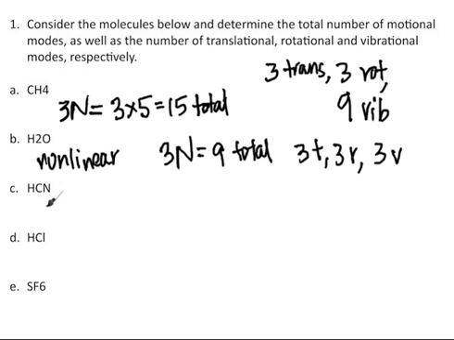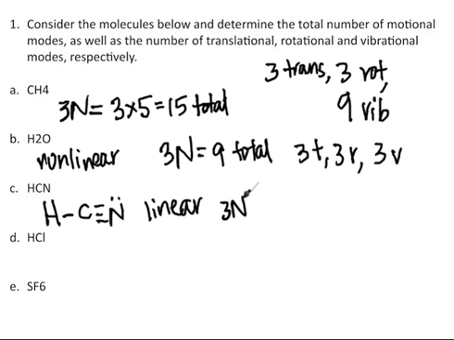Okay, HCN. So what is the structure of HCN? So HCN, the structure is like this. Is this a linear molecule? Yes, this is the linear molecule. Therefore, again we do 3N.